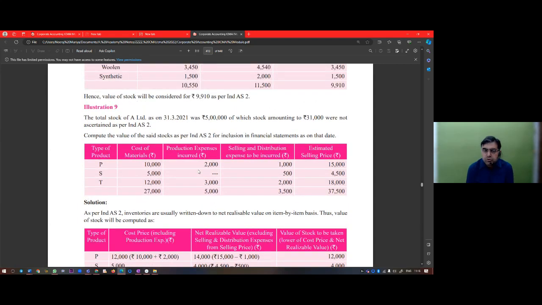Now the total stock is 5 lakhs, of which stock amounting to 31,000, whatever they mentioned. Cost of material plus expenses incurred, selling and distribution expenses to be incurred, and selling price.